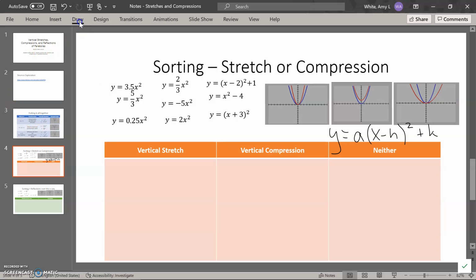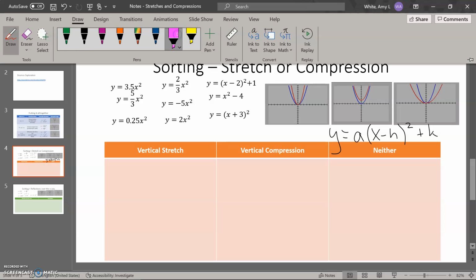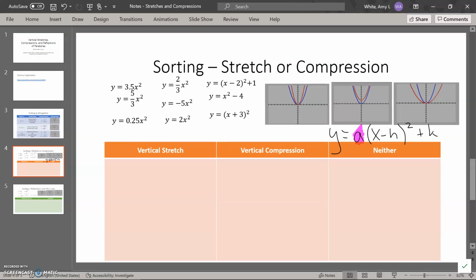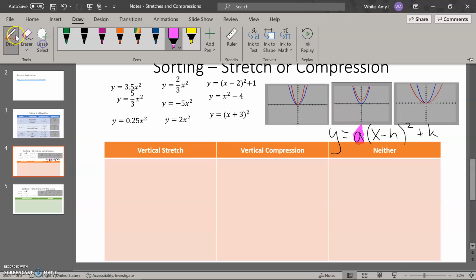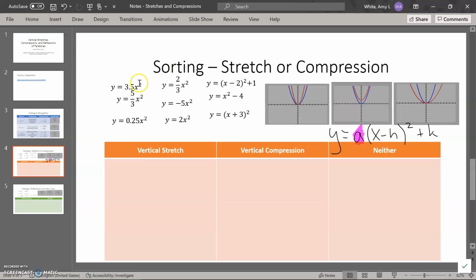And the only thing that we are looking at in this case is the value of this number. After that, we will look at the other two numbers, but right now, when we're talking just about stretches, compressions, and reflections, we are only looking at A. H or K do not affect stretches and compressions. So to do this piece, we are just going to drag and drop to help us sort our different pieces.